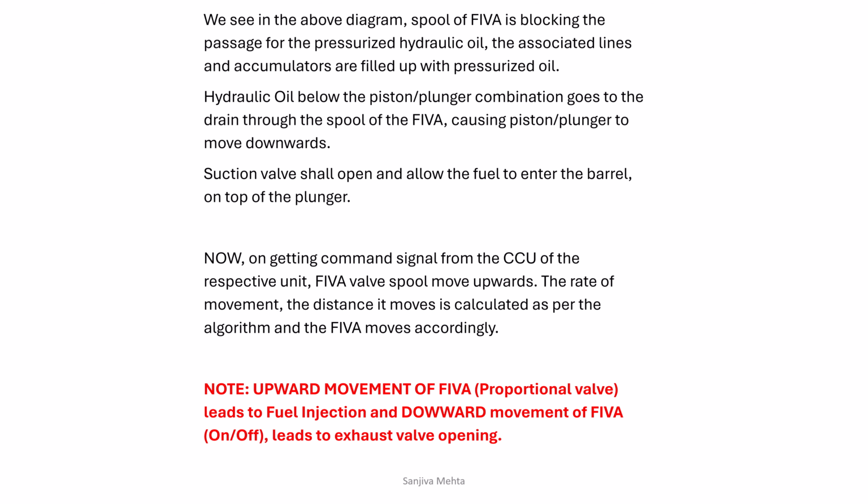If you see in the diagram above, the spool of the fuel valve is blocking the passage of the pressurized hydraulic oil. The associated lines and accumulators are naturally filled up with pressurized oil, because the hydraulic pressure oil cannot go anywhere. Now, hydraulic oil below the piston-plunger combination goes to the drain through the spool of the fuel valve, causing the piston-plunger to move downwards.